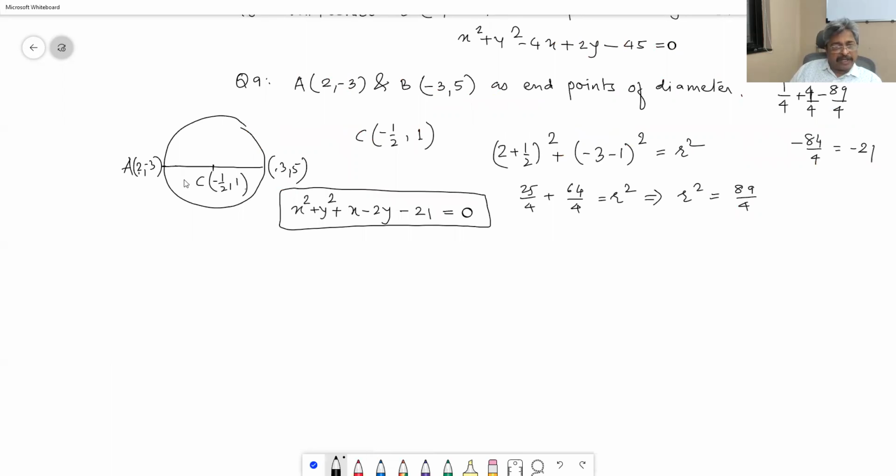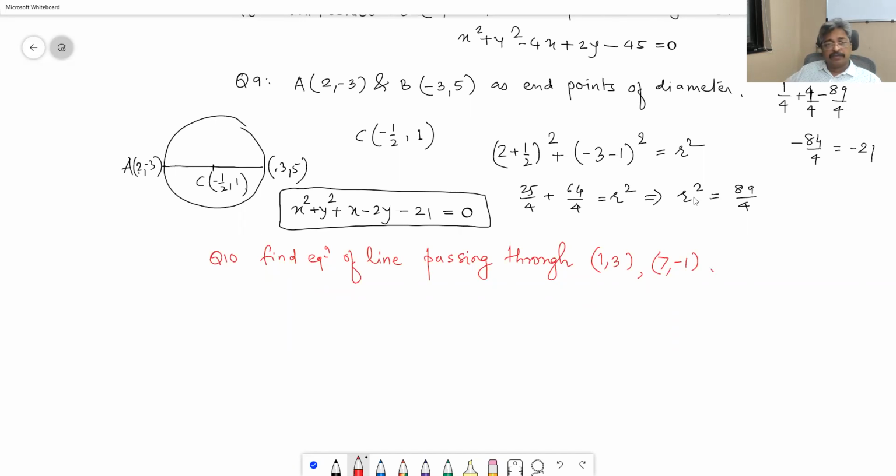Find the equation of a straight line. Question 10. Find the equation of the line passing through (1, 3) and (7, -1). Let us see.